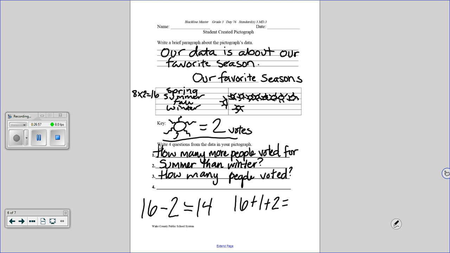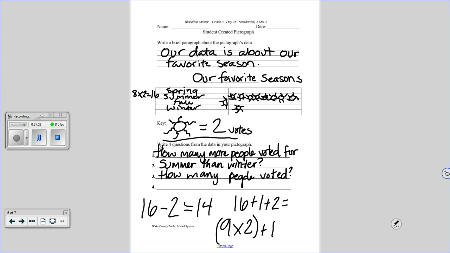I'm looking at the pictures. How many of them? So I might say 9 times 2, because I have 9 whole suns, right? And each of them are worth 2. But then I have that half a sun that I gotta deal with too. So plus 1.